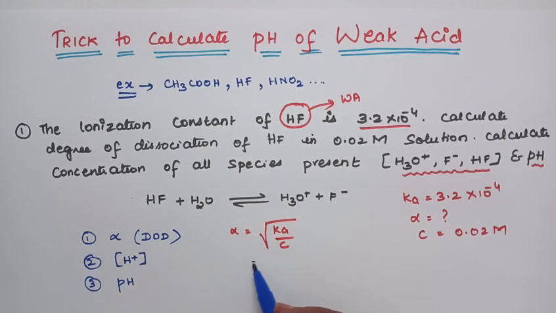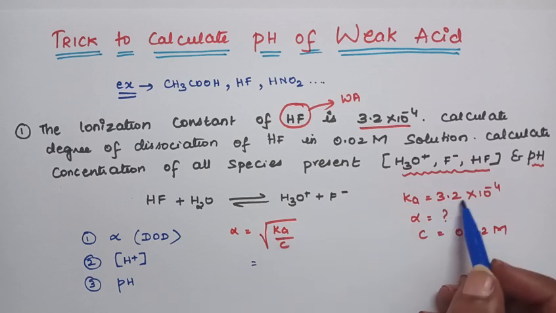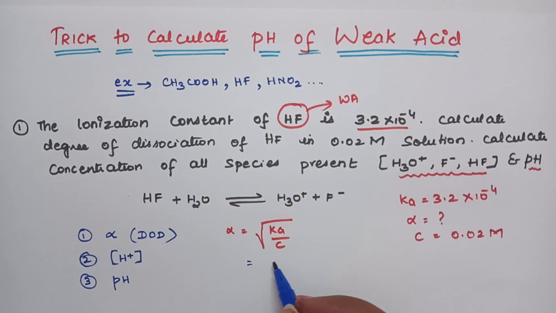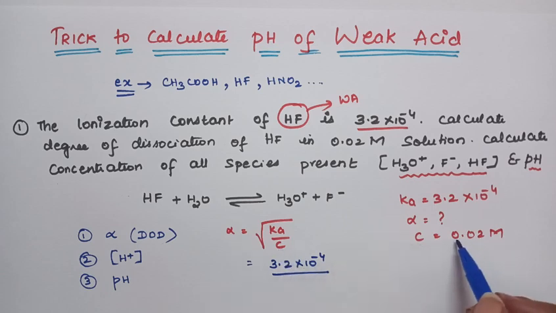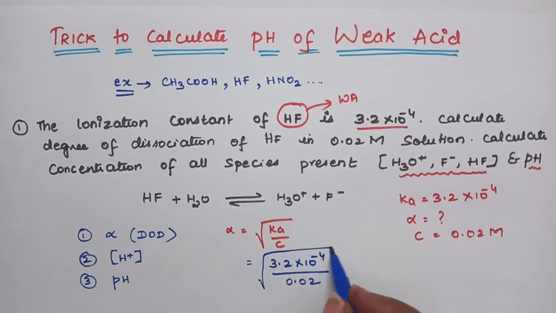So substitute now. The Ka value is given here, 3.2 into 10 to the power of minus 4, divided by C. C is the concentration, which is 0.02, all under the square root.